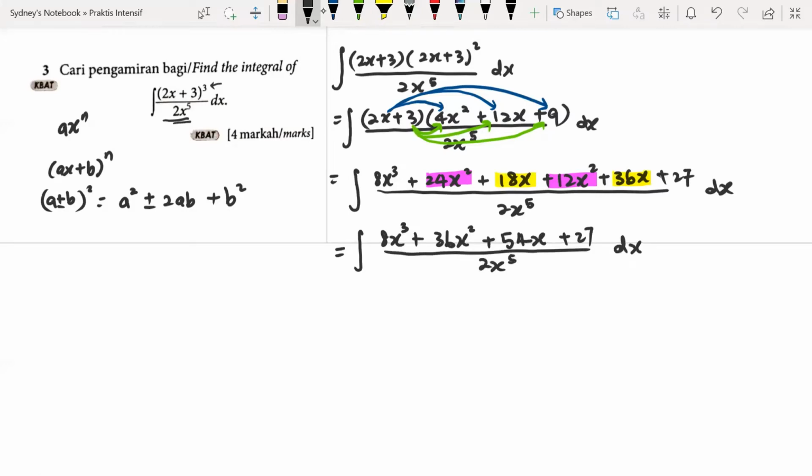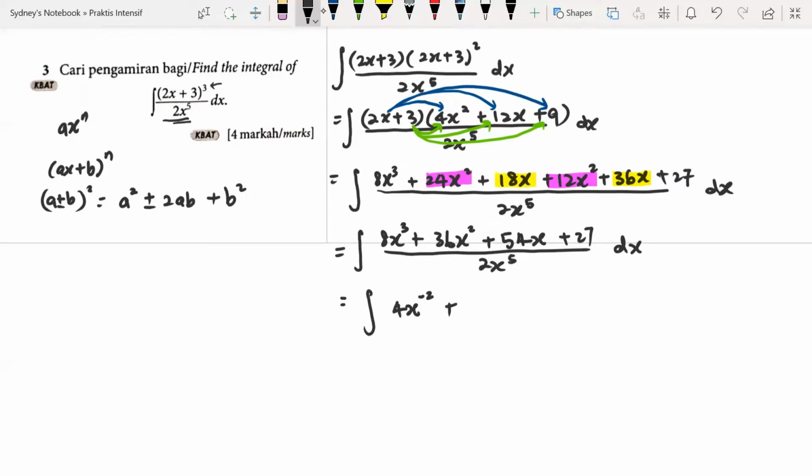Now, from a single fraction, we split it into 4 different terms. Therefore, we will have 8x cubed over 2x to the power of 5, so we will have 4x to the power of negative 2. All right.